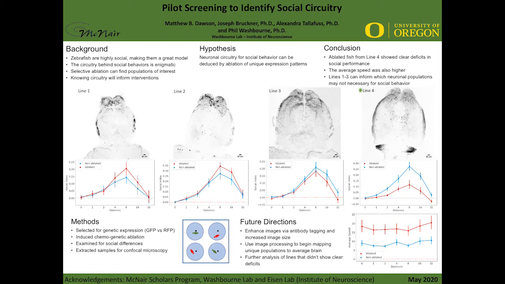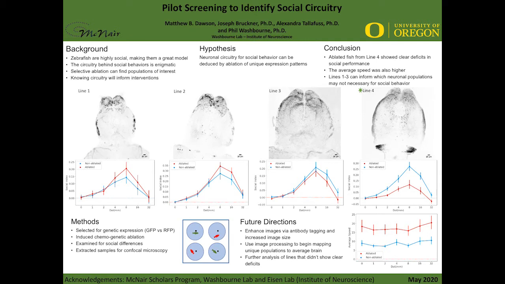Once this chemo-genetic ablation has been induced, we'll take fish up to the virtual social assay. And in this assay, fish are placed into a watch glass, and a dot is projected into the watch glass. And fish interact with this dot as if it's another fish.